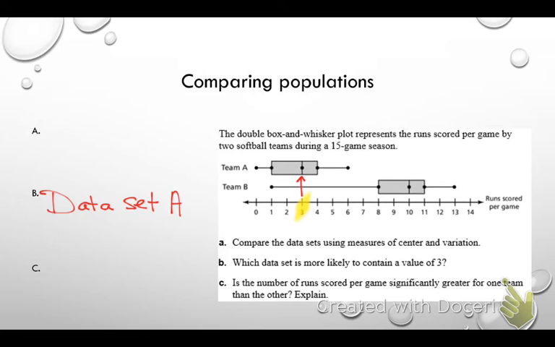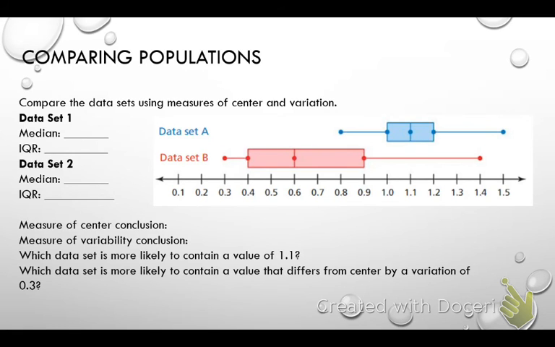All right, last slide. Let's start filling in some of this information. For data set A, we need to know the median. What's the median for data set A? 1.1. All right, and let me just change these to A and B. For the IQR, what's the IQR for data set A? 0.2.